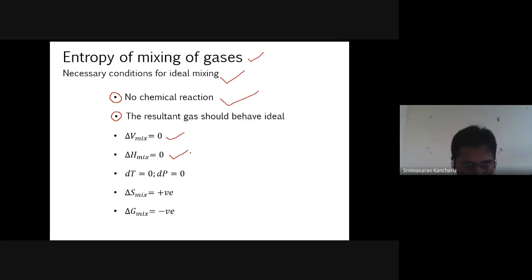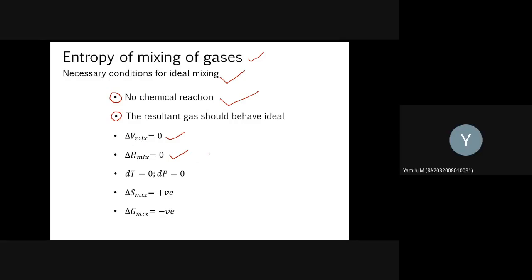V1 plus V2 should not be greater than the initial volumes. Suppose you are mixing 5 liters and 3 liters, the final volume should be 8 only, not 8.5 or 8.2 or 7.8. That is what delta V mixing 0 means.